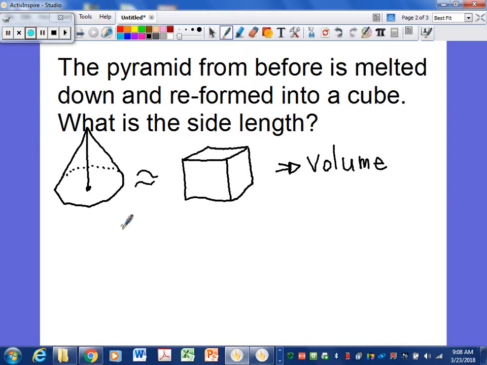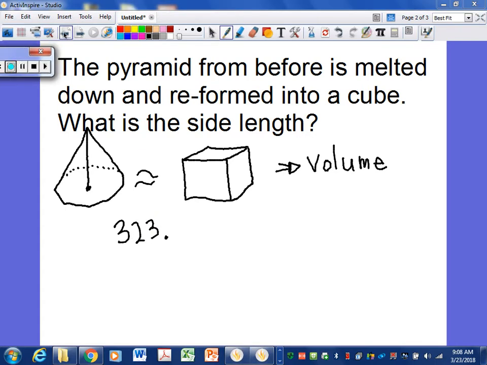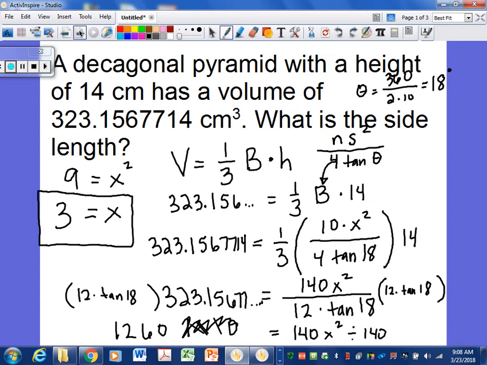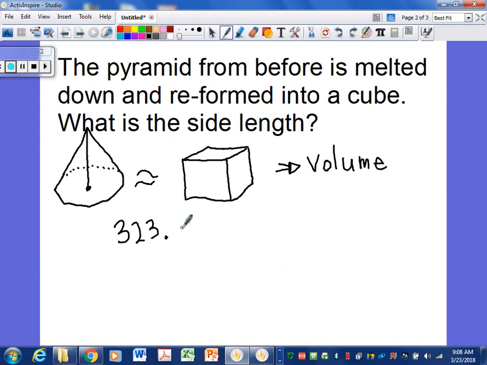Okay, so if we go back, we find that the volume was 323 points. Actually, let's go back. 1567714. Now that's turning into a cube, so the volume formula for a cube is x cubed, because all the sides of a cube are the same.